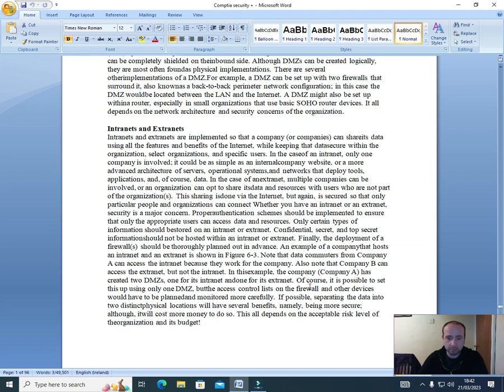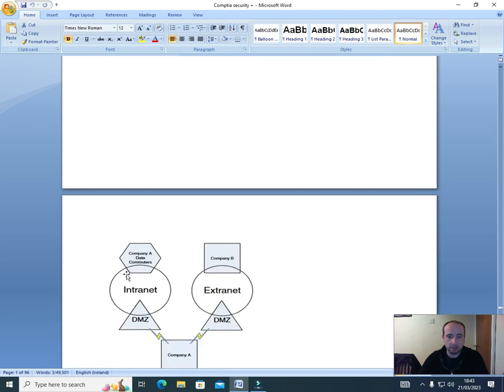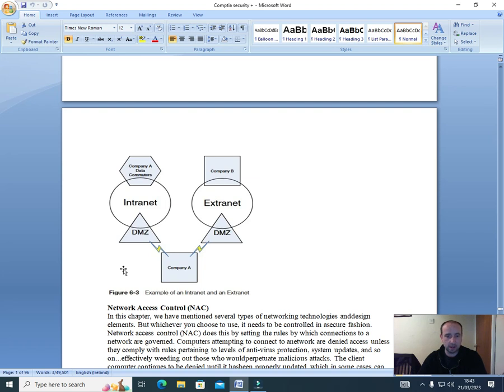Of course, it is possible to set this up using only one DMZ, but the access control lists on the firewall and other devices would have to be planned and monitored more carefully. If possible, separating the data into two distinct physical locations will have several benefits, namely being more secure, although it will cost more money to do so. This all depends on the acceptable risk level of the organization and its budget. So here in figure 6.3 you can see the two DMZs, company A, company B, and company A data computers.